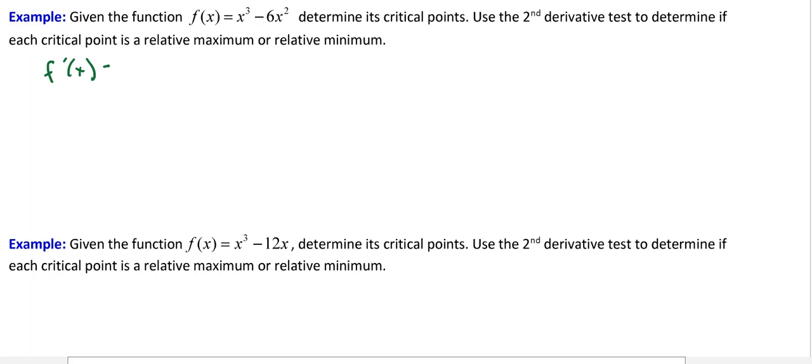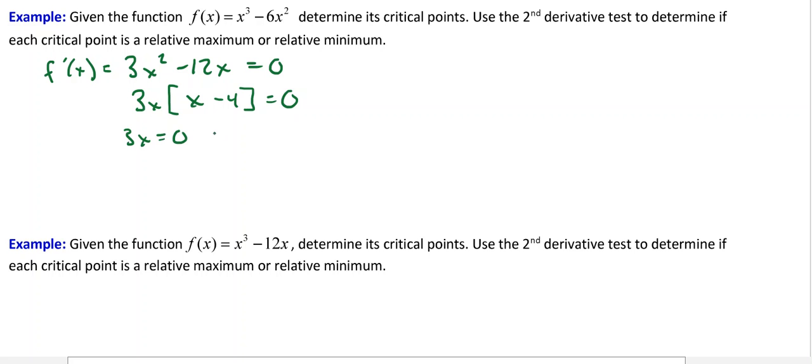F prime of x is going to be equal to 3x squared minus 12x. Set that equal to 0. Factor out the 3x, and we'll be left with x minus 4 equals 0. Set both of these factors equal to 0 using the old zero product property, and we get x equals 0 and x equals 4.